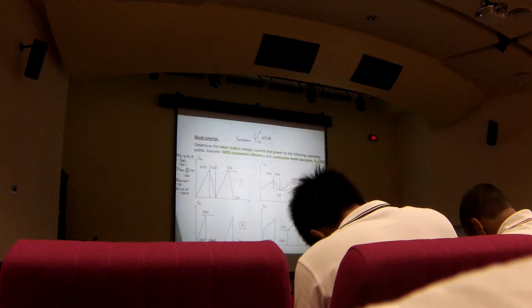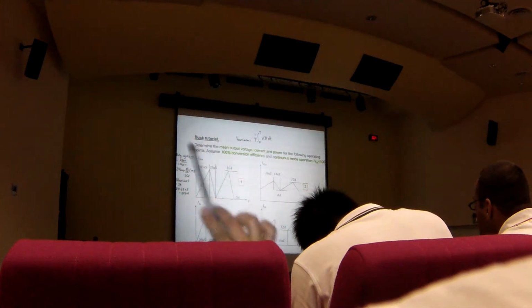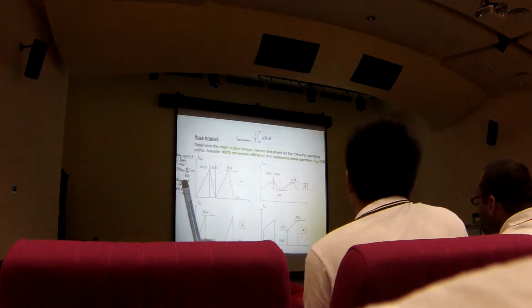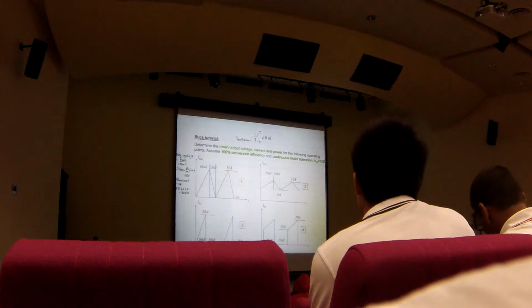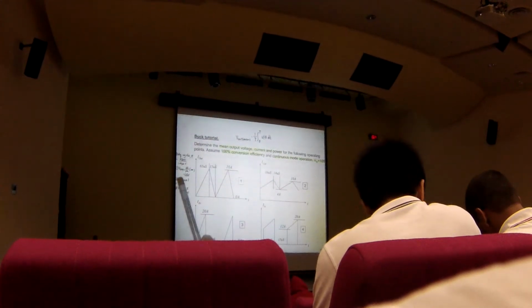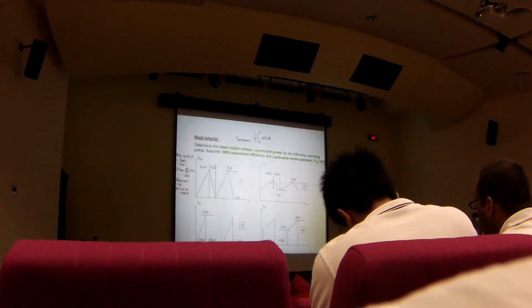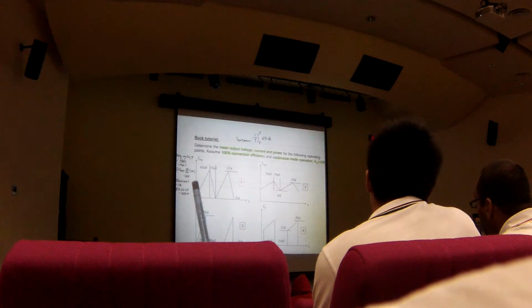And you just learned that in a step-down converter, in a buck converter, your V out is equal to duty cycle times V in. Very straightforward. So what is your V out now? Just take 65 over 100 times 100.